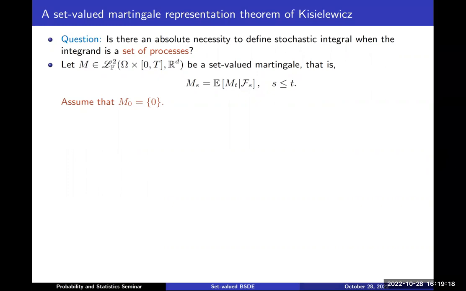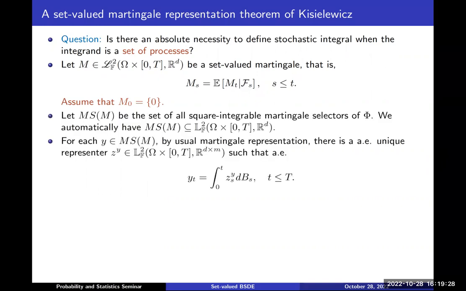Let's assume that the initial value of the martingale is a singleton, let's say just 0 without loss of generality. This is an assumption just for now. What we can do is to look at selectors of this process, the martingale, selectors that are already martingales. So these are my martingale selectors.